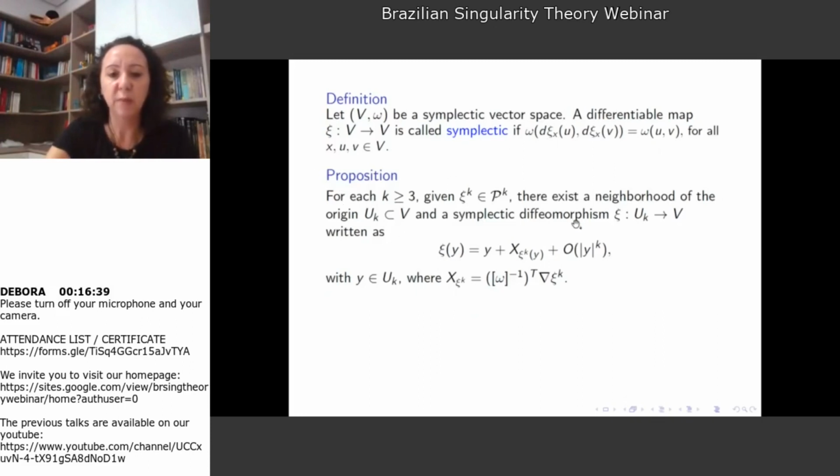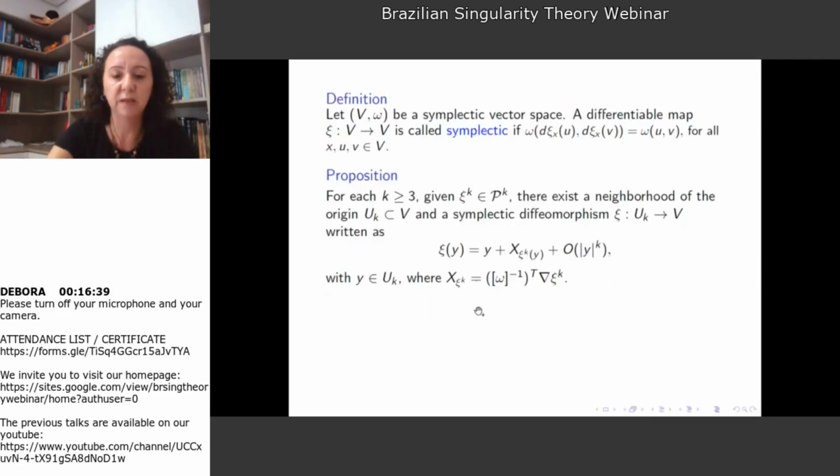For each k, given a polynomial element of degree k, there exists a neighborhood of the origin and a symplectic diffeomorphism such that it can be written in this form, where we have here a Hamiltonian vector field associated to this function C_k.